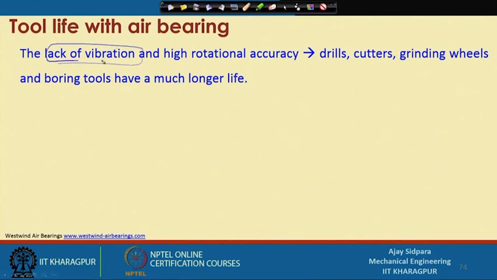because of vibration, what is happening? Suppose this is the initial condition of your tool, and consider this your tool holder, holding the tool. Now, if there is a vibration, mostly the vibration is in this direction. So, consider you are getting a small vibration in this particular direction, and the same way on this side also.